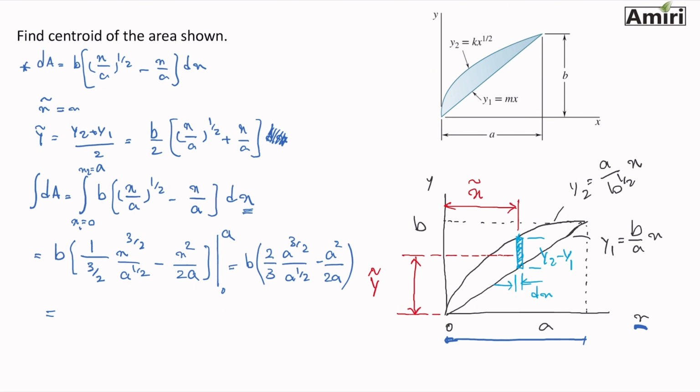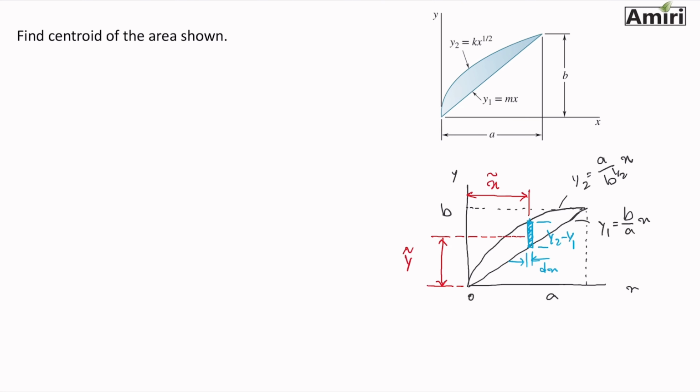This will result in ab over 6. This is the area, ab over 6, the entire area. All right, integral of dA is ab over 6.